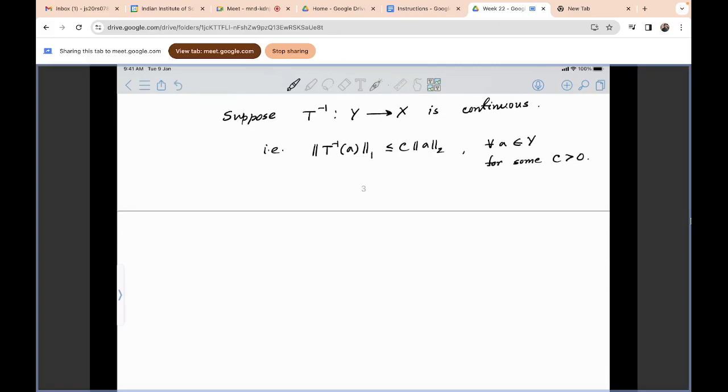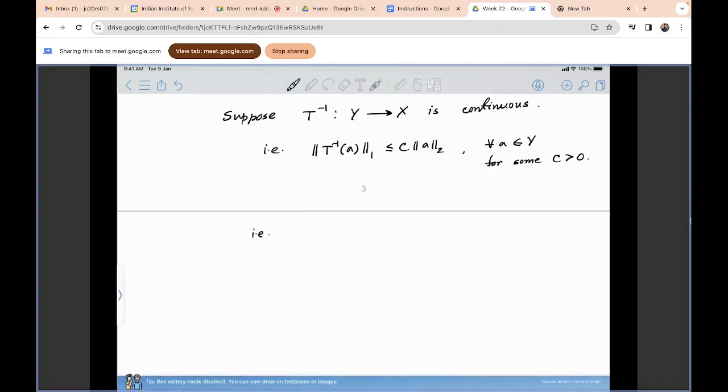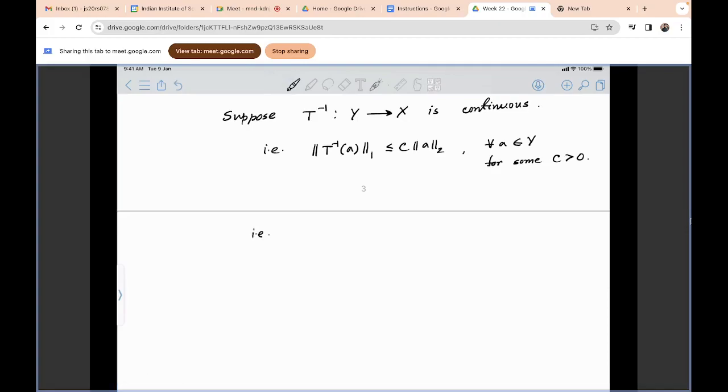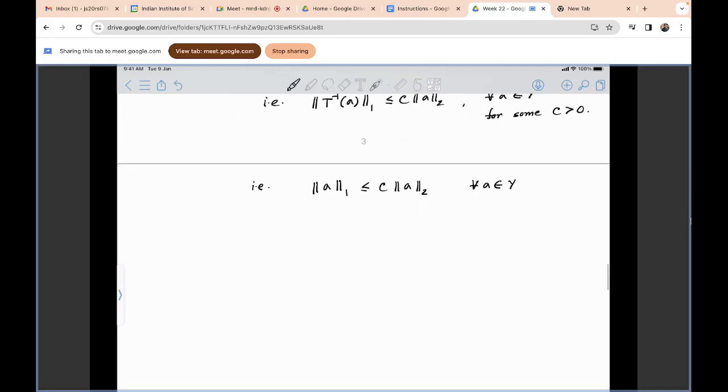Let us rewrite it again. As T inverse is the identity map, this is saying that the L1 norm of a is less than C times the L2 norm of a. That means the sum over n equals 1 to infinity of the absolute value of a_n should be less than C times the sum over n equals 1 to infinity of the square of a_n.